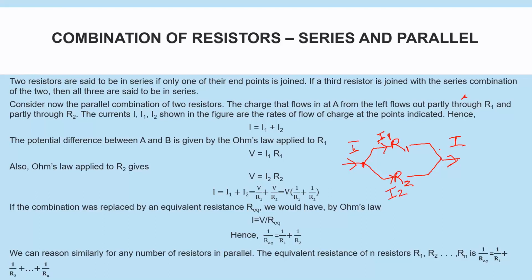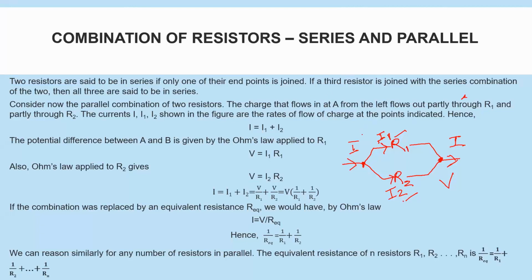But the voltage across this combination is going to remain the same. So V remains the same over here. Now we first find the equivalent I, because there are two different currents that can pass through the two resistors connected in parallel.